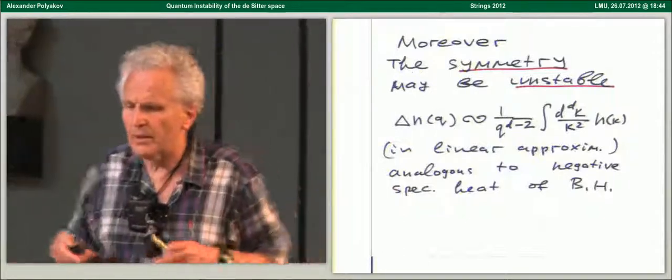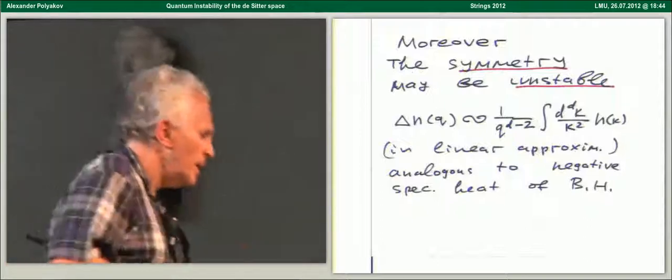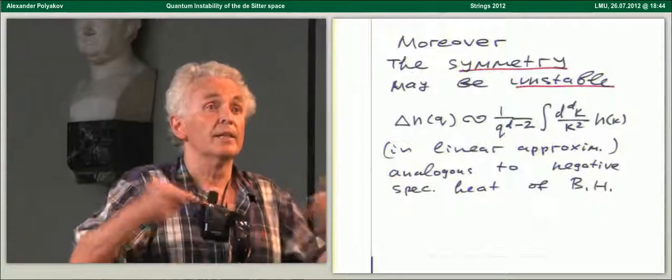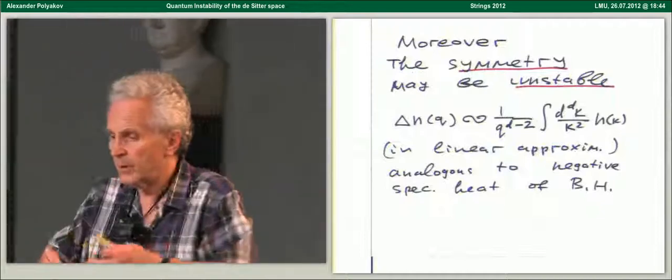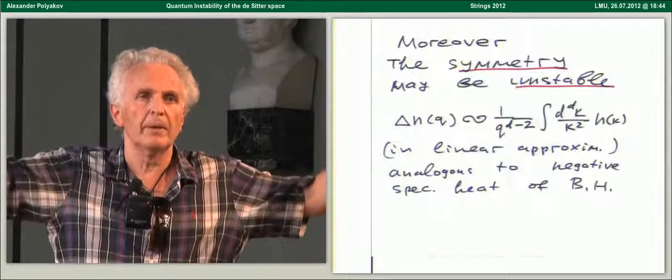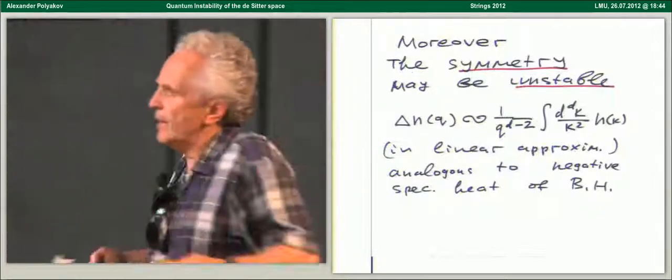There is one question to be answered. The most common objection against instability in de Sitter space is that if you have some perturbation, because of the expansion of the universe, it will be diluted and cannot lead to anything interesting.